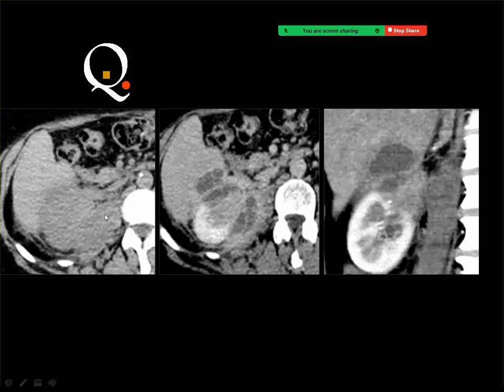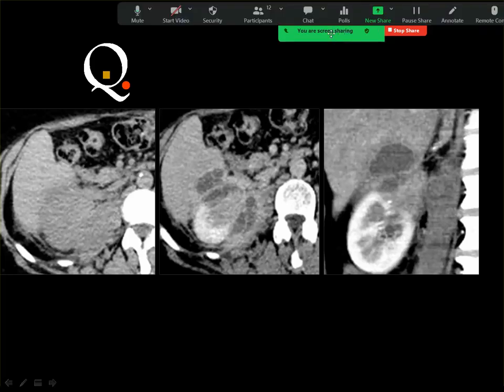This case, you see an axial CT without contrast, with contrast, coronal reformatted images with contrast.